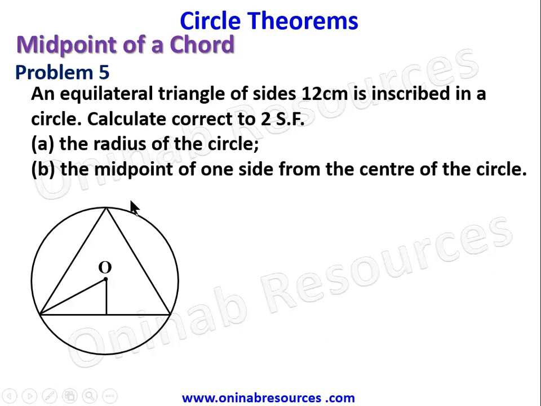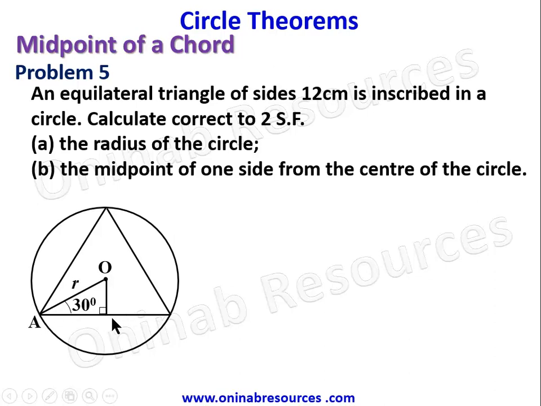And remember, in the equilateral triangle, all the sides are equal, all the angles are equal. So this radius is a bisector of the angle here. So this angle will be 30 degrees. This is the radius.